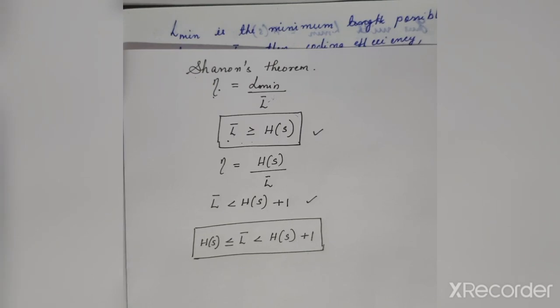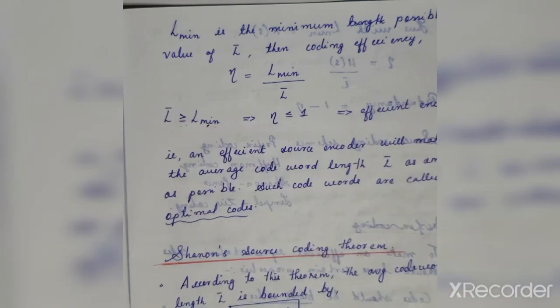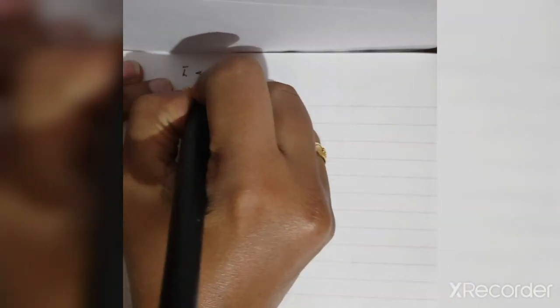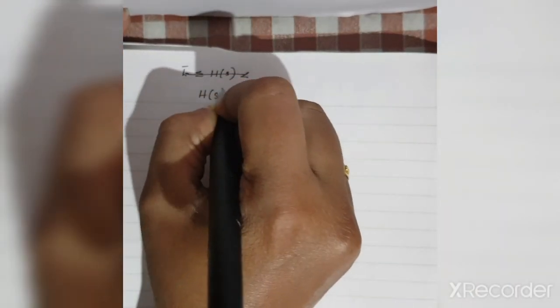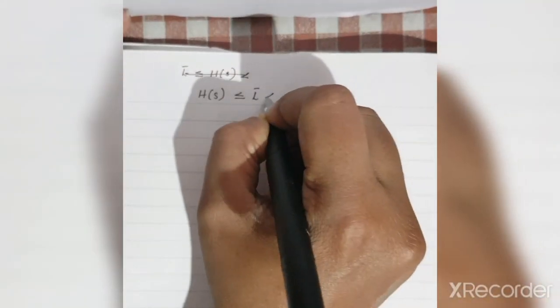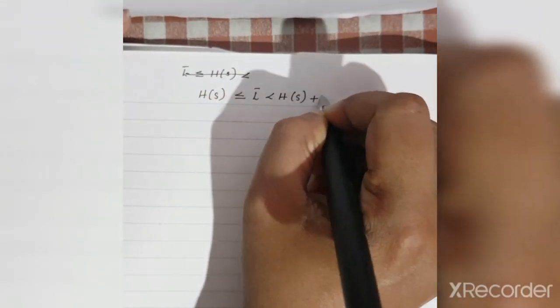Now let's take up the proof for the source coding theorem. What we have to prove is that H of S should be less than or equal to L bar, which should be less than H of S plus 1.